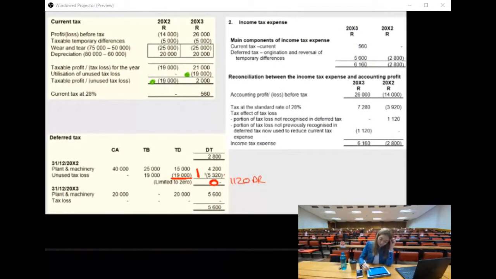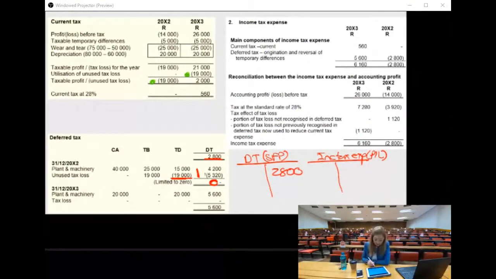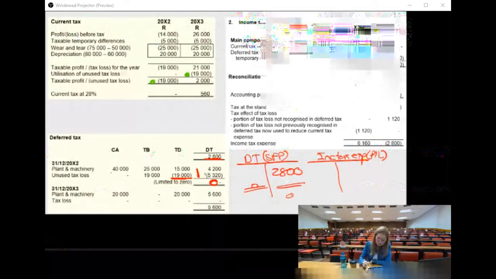So what happens now is, if we do our deferred tax journals, there's our deferred tax SFP account and my income tax expense account in P&L. We had an opening balance of 2,800 liability. We want a closing balance of 0. So what do we need in this account?